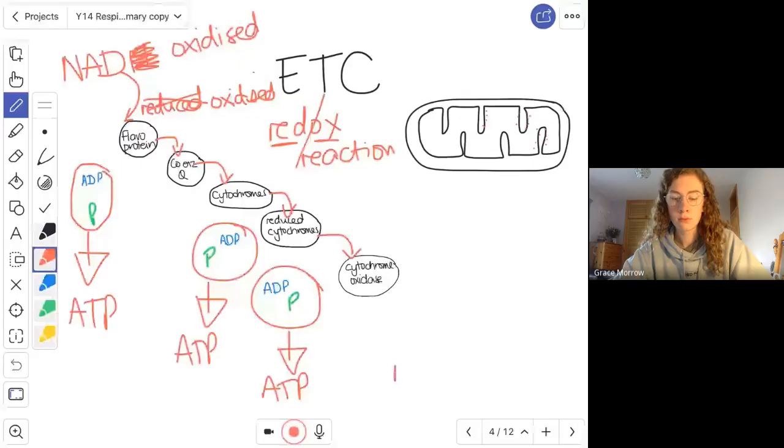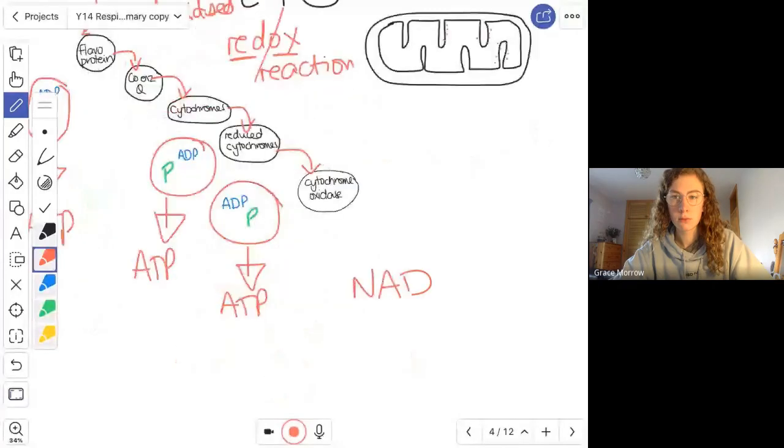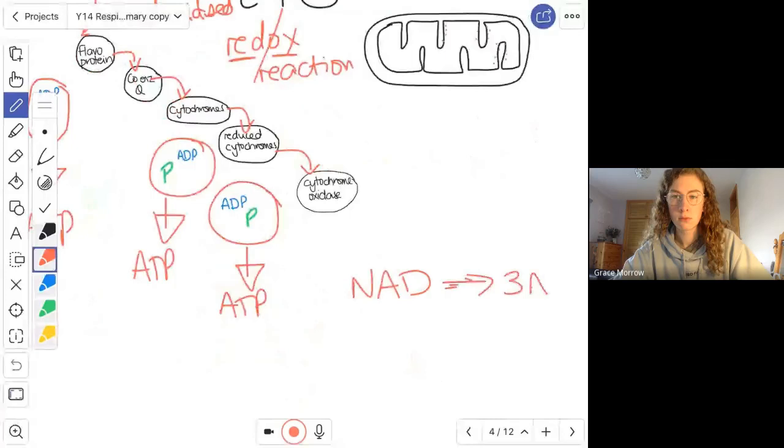At 3 stages in this, enough energy is liberated to join phosphate to ADP to make ATP. So for every NAD that enters the electron transport chain, we get 3 ATP molecules made.